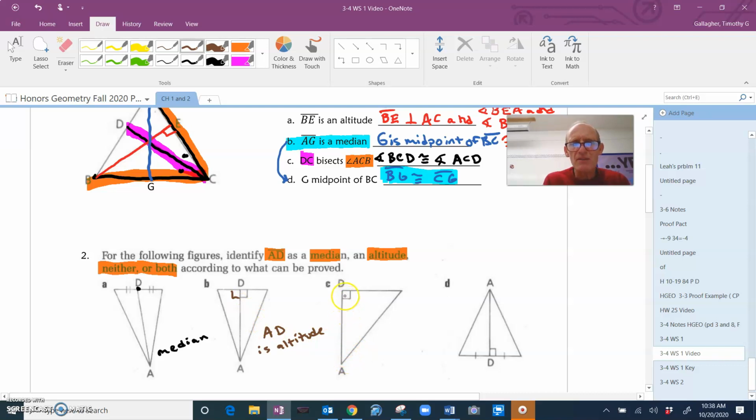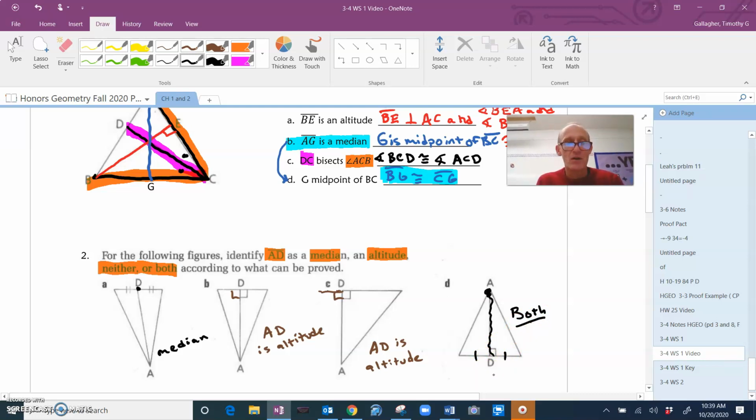This one's a little tricky, but there's invisible lines here, but AD is an altitude here. And there's another congruent right angle here if you were to extend this side. But it's pretty easy to see that AD is an altitude. The last one, it's both. Because AD goes from the vertex and bisects the opposite side from these two tick marks and forms a right angle. Congruent right angles. Perpendicularly congruent right angles.